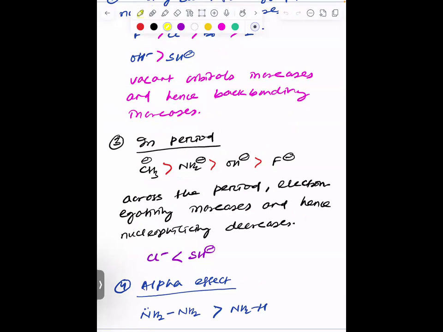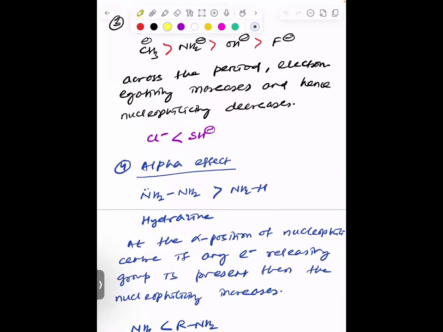In other words, across the period, the nucleophilicity decreases due to increase in electronegativity.